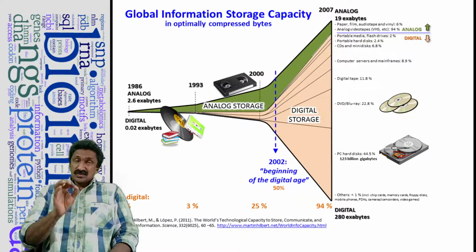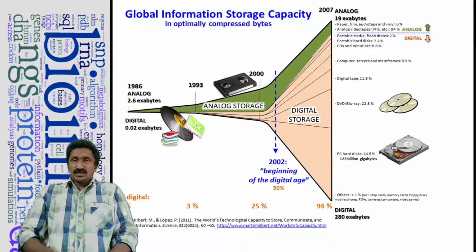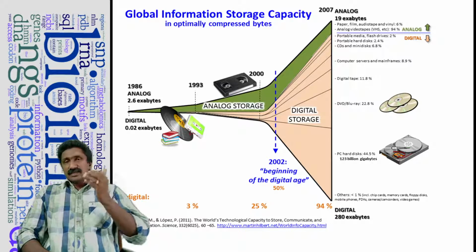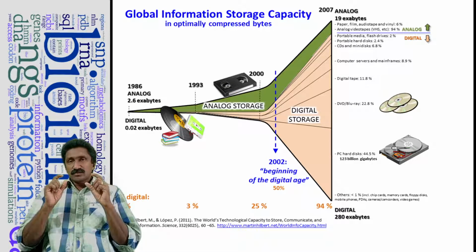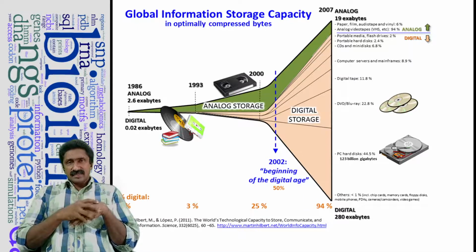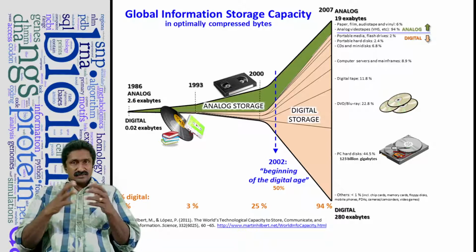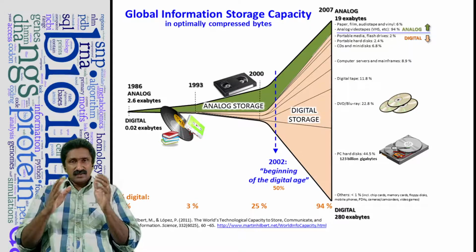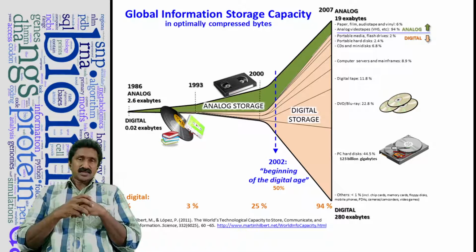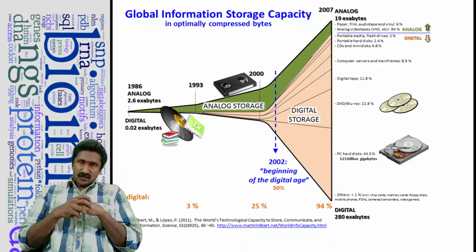only up to 2007, about 15 years back. At that time, by 2007 itself, you can see that the analog devices were only a very small percentage, about 19 exabytes of data, which includes paper, film, and audio tapes, etc. Then analog video tapes, etc. were the main storage devices coming under the analog category.